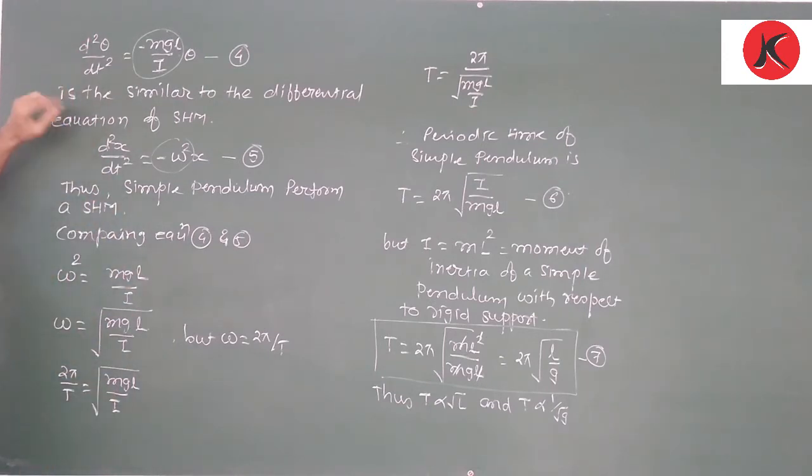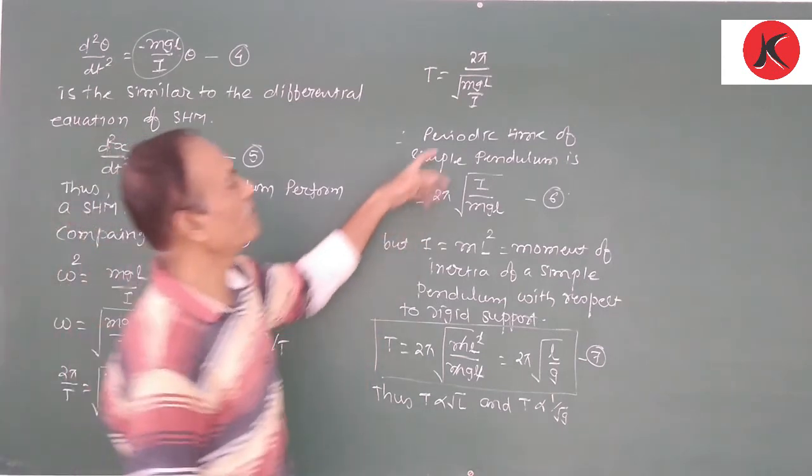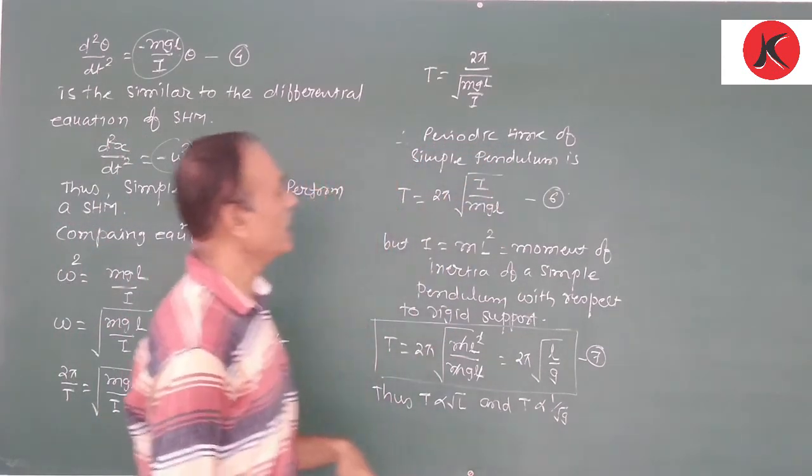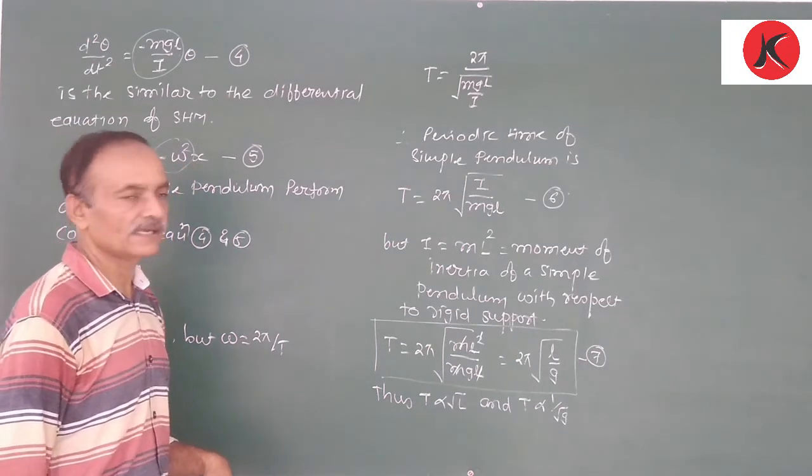Both equations are similar, therefore the simple pendulum performs simple harmonic motion. Taking the square root on both sides, ω = √(mgl/I), but ω = 2π/T. Substituting, T = 2π√(I/mgl).